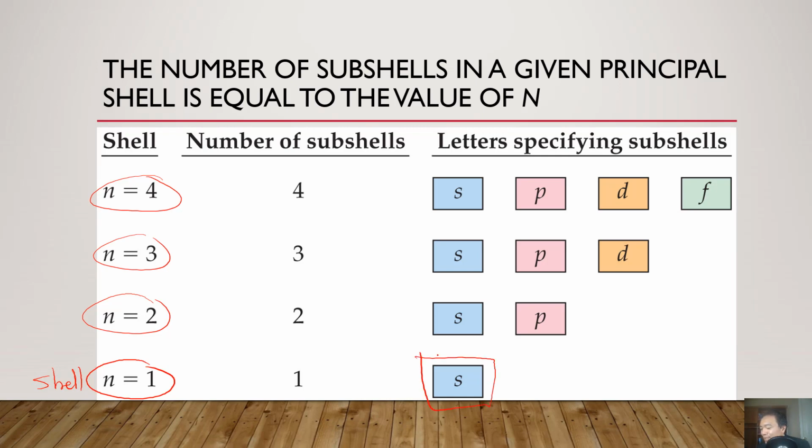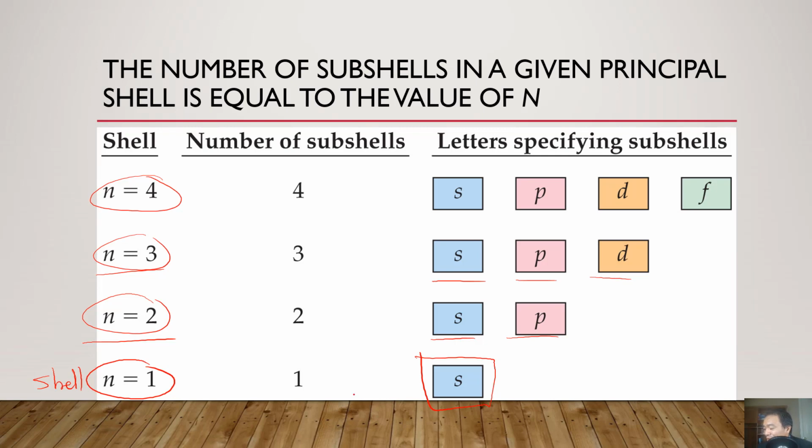In shell number 2, you have both s and p subshells, and it's written over here using boxes. We call this an orbital diagram. In shell 3, you have 3 different types of subshells, s, p, and d. N equals 4, you have 4 different types. N equals 5, you would expect to have 5 different subshells.